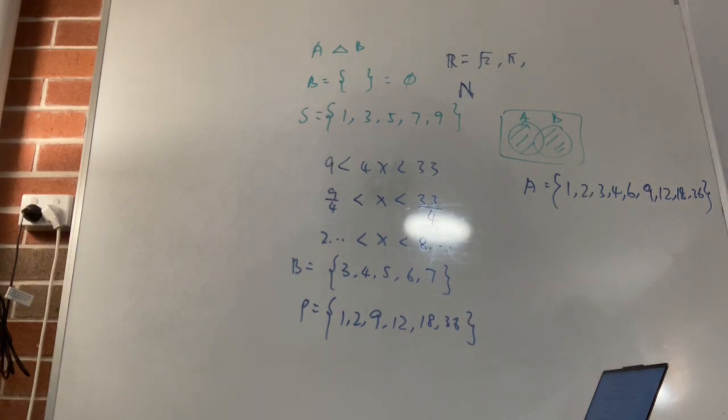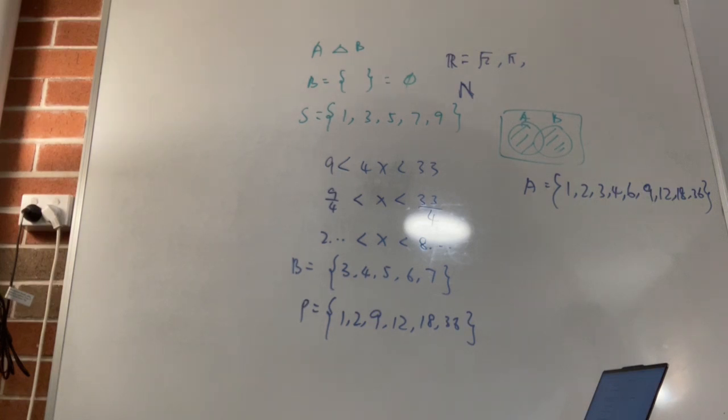So all the numbers in here are 1 to 20 inclusive. X is a multiple of 3, so that means it can be 3, 6, 9, all the way to 18 as the last one. Makes sense, right?